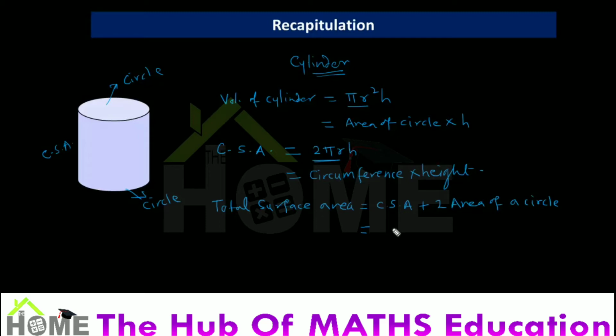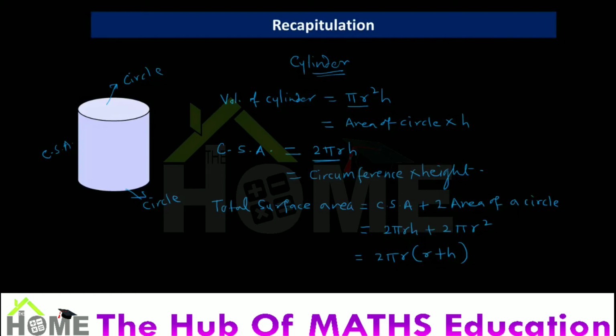So the curved surface area, 2 pi r h, plus 2 into pi r square. So that is given by 2 pi r, the common factor, into (r plus h). So the total surface area of a cylinder is given by 2 pi r into (r plus h).